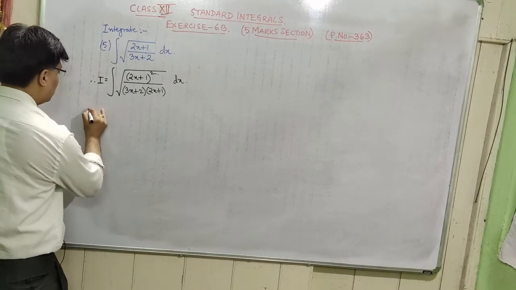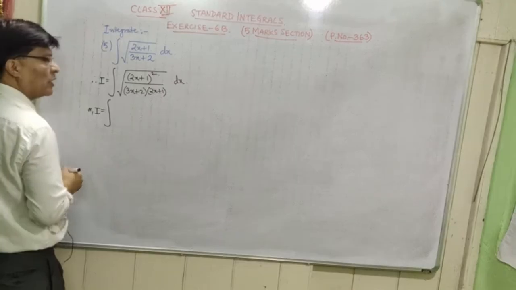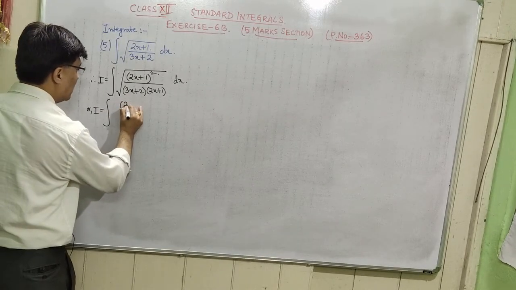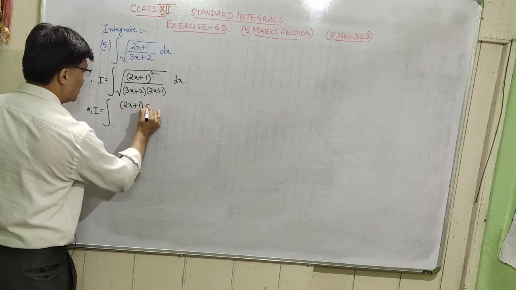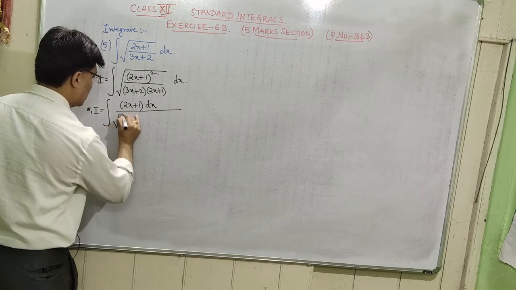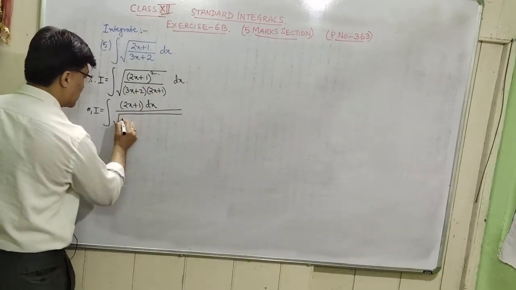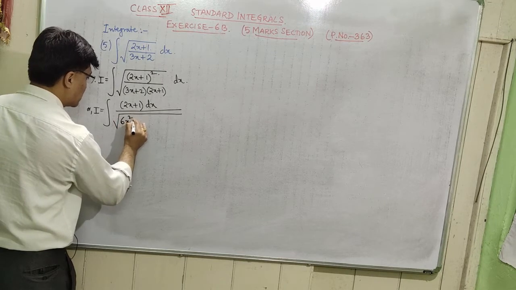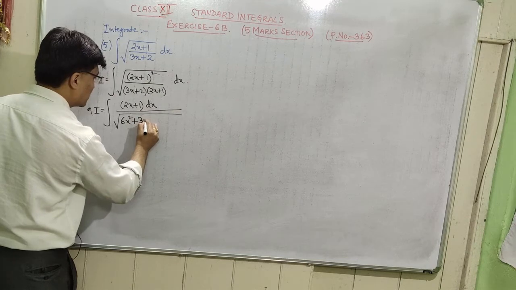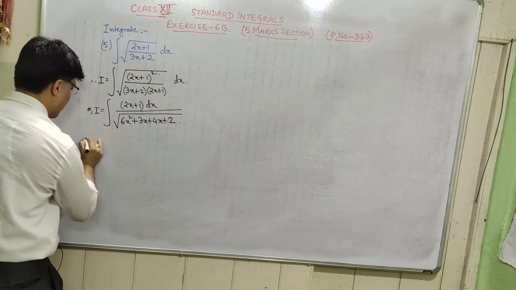Okay, so or I is equal to integration of, now you can remove square root from the numerator, so it will be only 2x plus 1 dx divided by within square root. Now you can multiply these two factors, 3 2s are 6, 6x square plus this is 3x plus 4x plus this is 2 1s are 2.